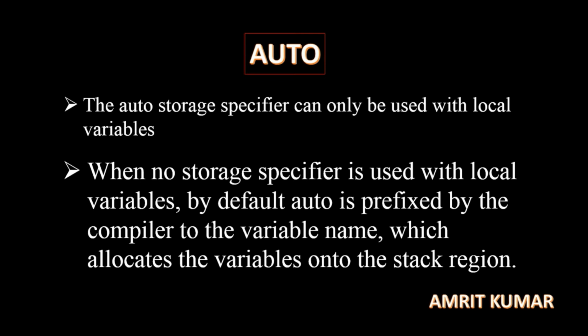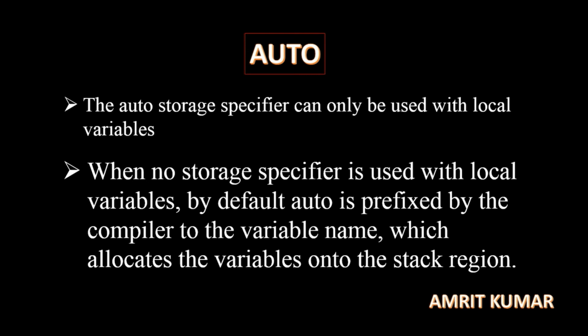But here is the case that when no storage specifier is used with the local variable, meaning I am not using any storage specifier like auto, extern or register, then by default auto is prefixed by the compiler to the variable name. So the auto storage specifier can only be used with local variables.